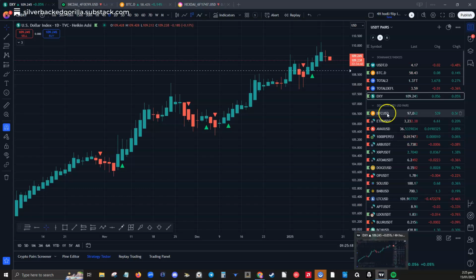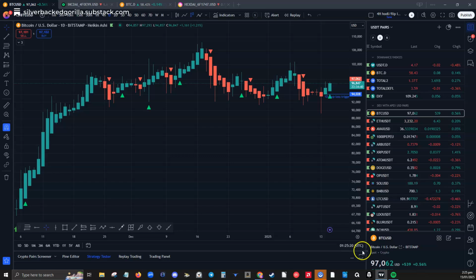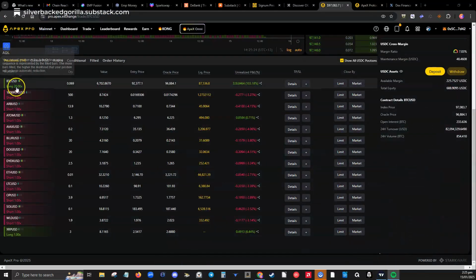Going back to setting up my Apex. I've already got BTC here, and I've got a nice amount of profit. I'm over 103% on this position.